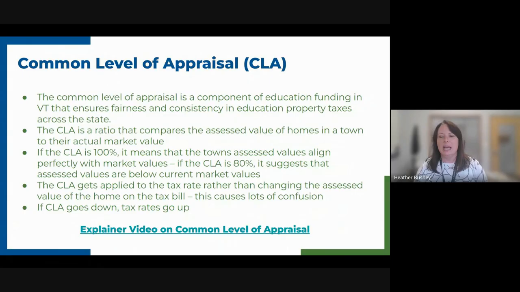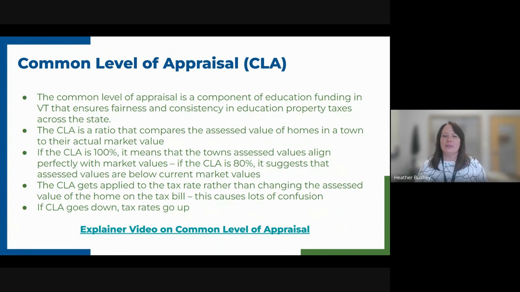If CLA was 100%, it would mean the town's assessed values on their property tax bill are perfectly aligned with market value. In contrast, a CLA of 80% would suggest the assessed values are about 20% below current market values. So, right, we're in the 50s in Junction and Town. What it's saying is our assessed values on our tax bills are about 50% of what the market value is. Ow. Yeah.